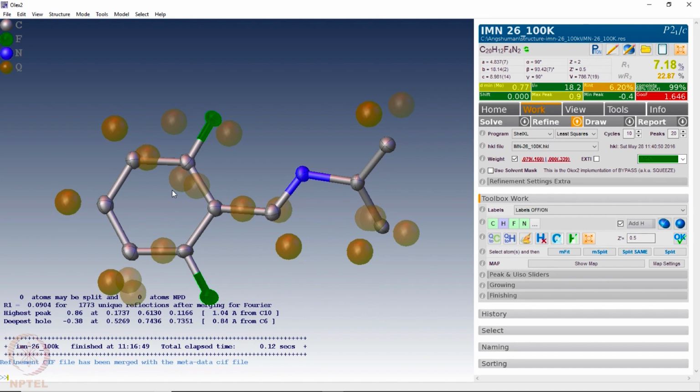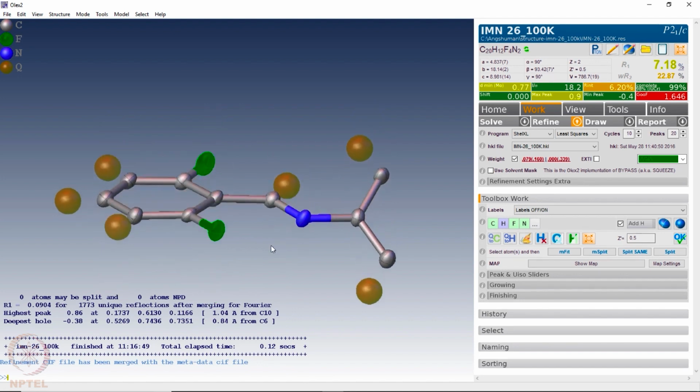What it is doing is, from the structure that we have given, it tries to calculate the structure factors for every hkl, and the calculated structure factor is compared with the experimentally observed structure factor amplitudes, takes the difference, and that difference gives rise to a difference in electron density. So the orange spheres that we are getting here are the corresponding residual electron densities after assigning the heavier elements.